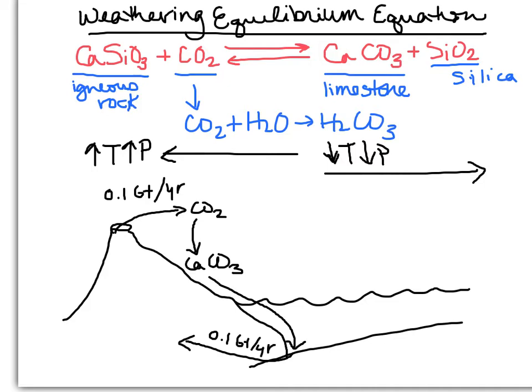And now it's back in these high temperature, high pressure environments, so it turns back into carbon dioxide and the igneous rock, where it gets to come out as carbon dioxide again. All right, so that is a little rendering of the rock cycle.